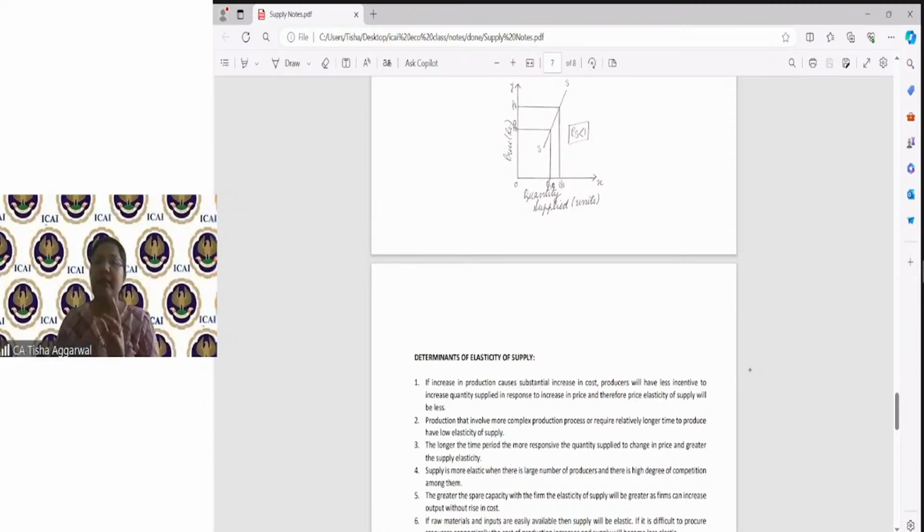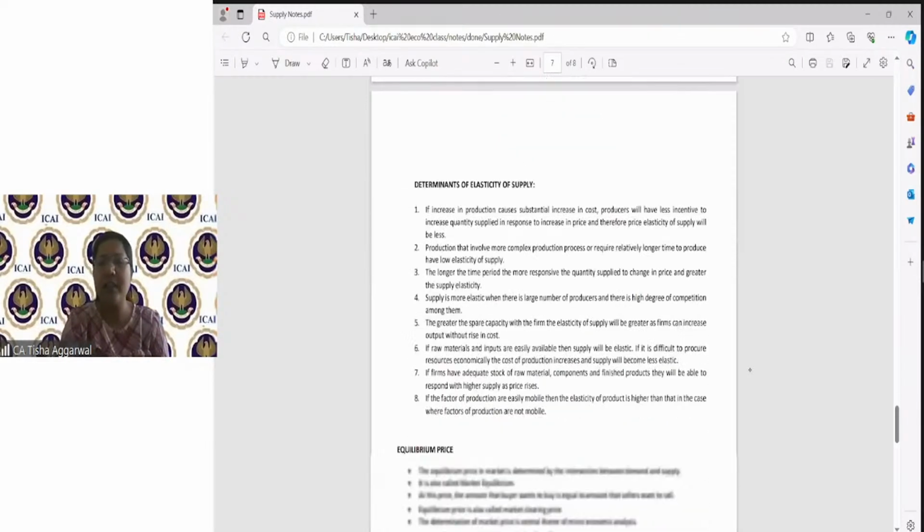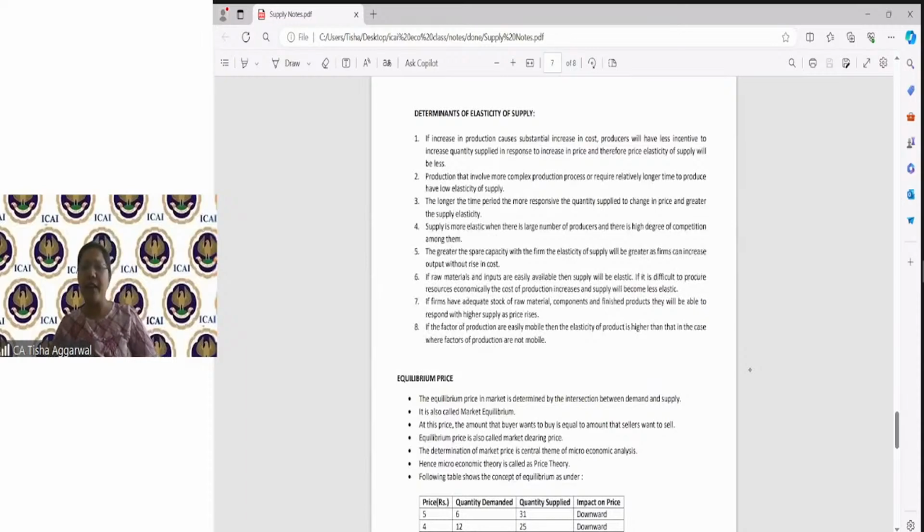Okay. Next, let's come to the determinants of elasticity of supply. I'll talk about a very simple concept here. For example, if there is a production increase, look at this. When there is a substantial increase in the cost, that means the product is becoming very costly.